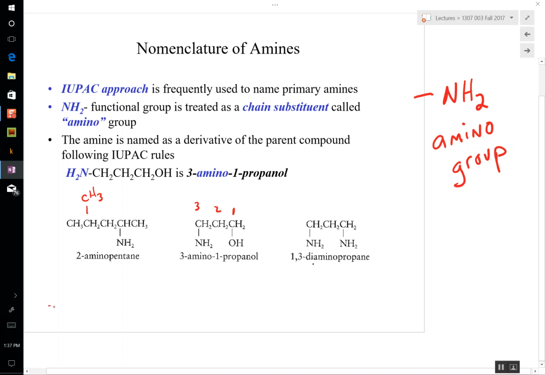So then it would be 2-amino-4-methylpentane. Yes, good question.